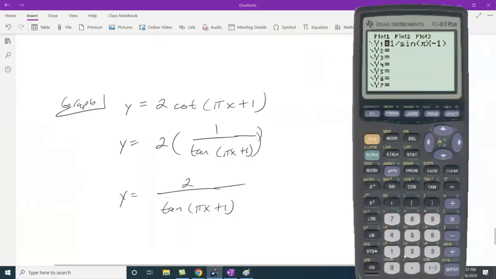So I'm going to put that into the calculator: 2 divided by the tangent of pi x plus 1.